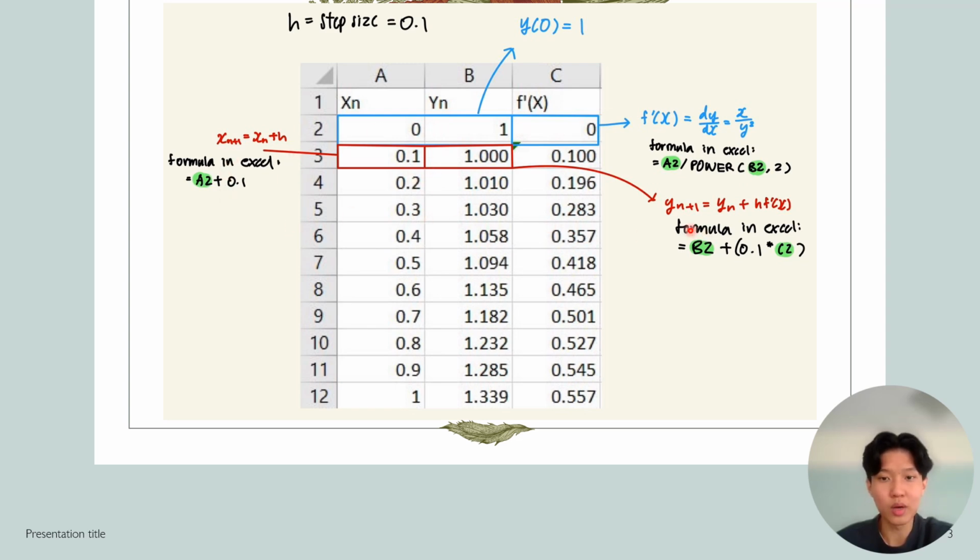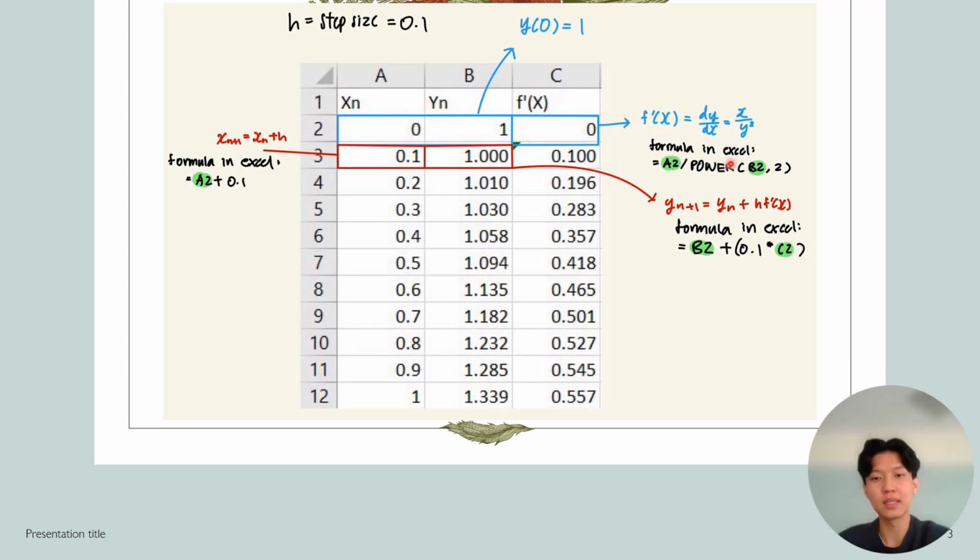For yn+1, I use the formula over here where yn+1 equals yn plus h times f'(x). So the formula in Excel is shown like this, where I take the previous y value plus open bracket 0.1, which is my step size, times the previous value of f'(x). For f'(x), I use the formula given by the question where they say dy/dx equals x over y squared.